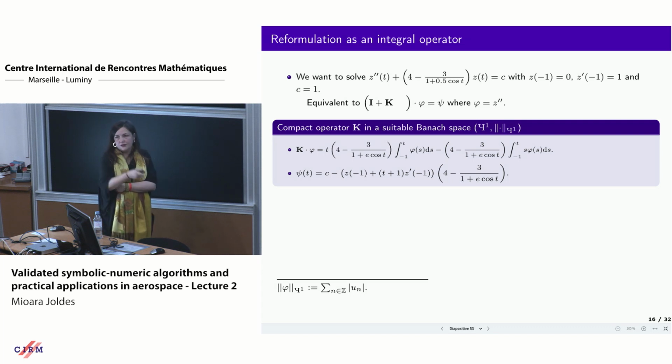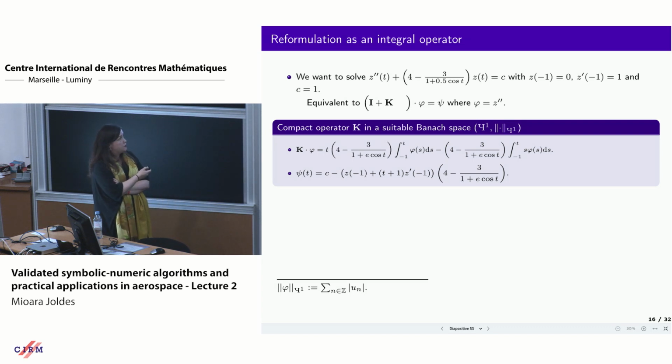So I just integrate my differential equation twice, and I have this integral operator. And in order to have my Newton-like method work, I will have to place this operator to act on some functions.